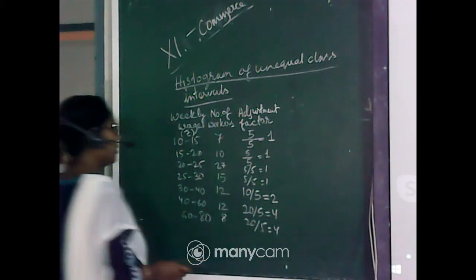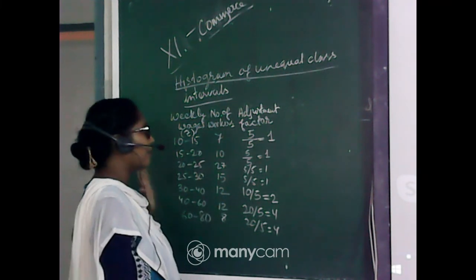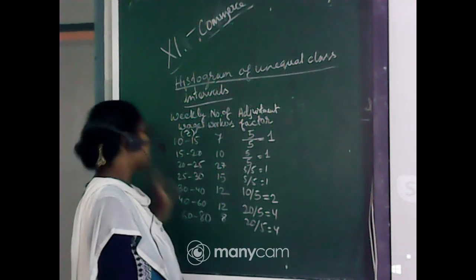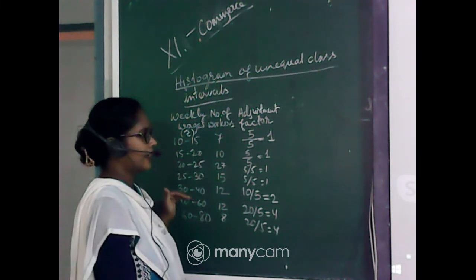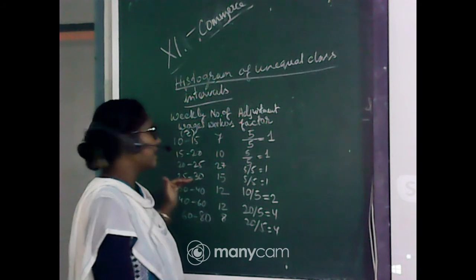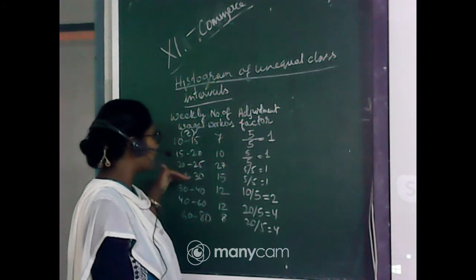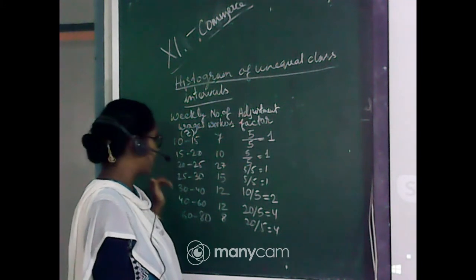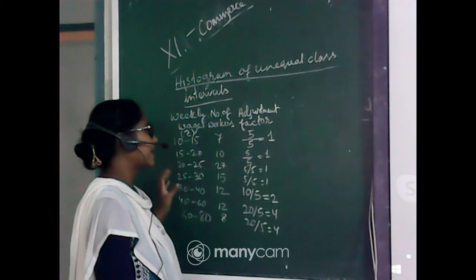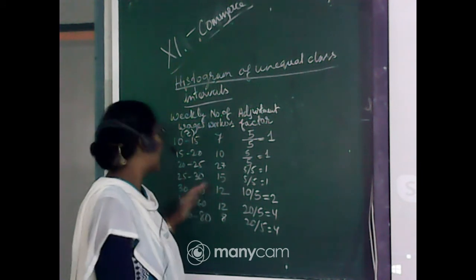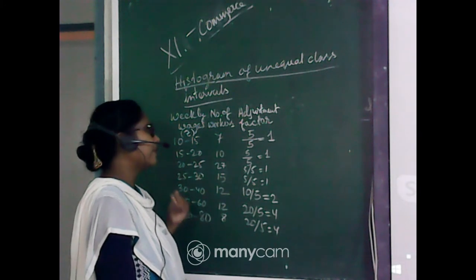So what is the basic idea? If a class interval is twice the lower class interval, we divide by 2. If it is 3 times, we divide by 3.